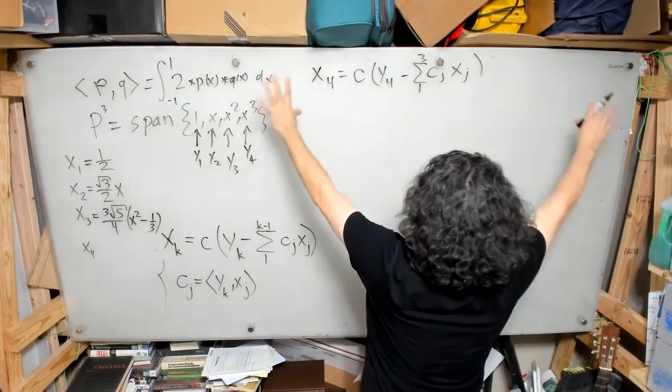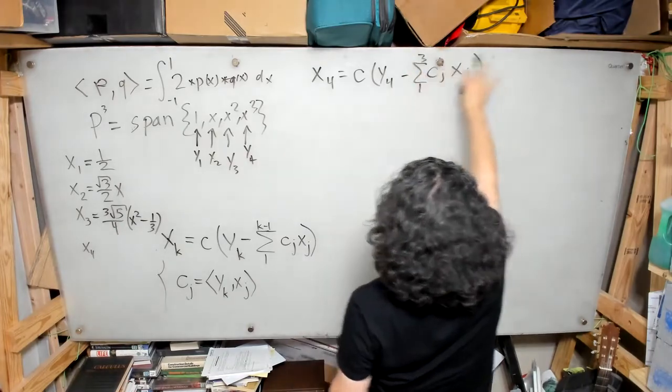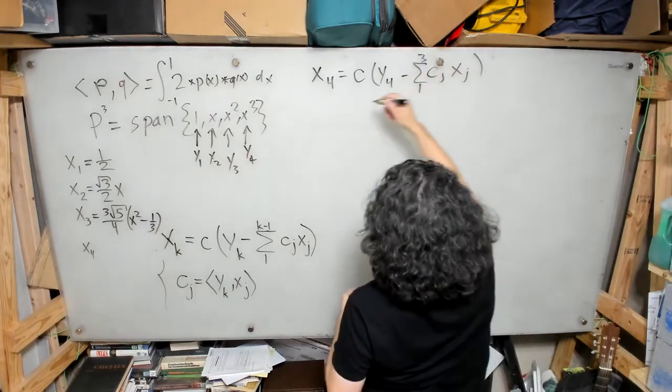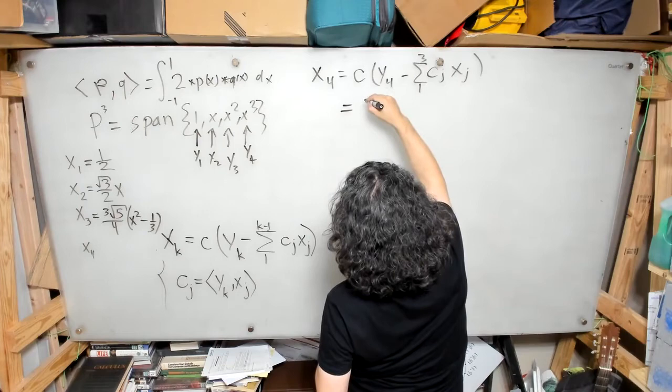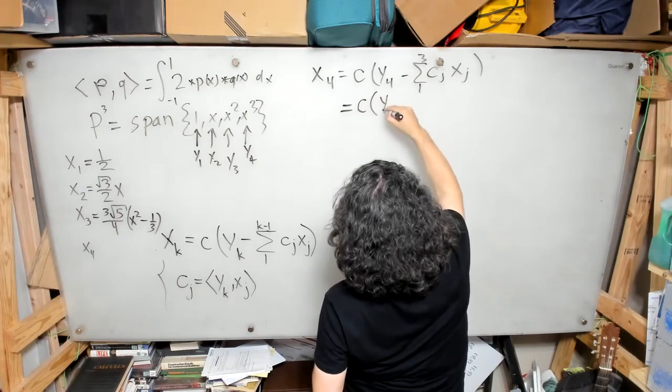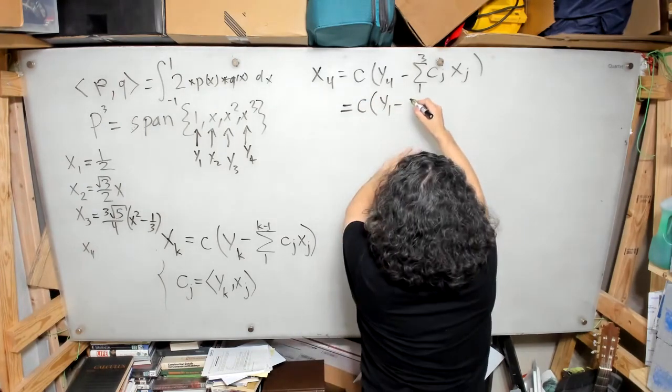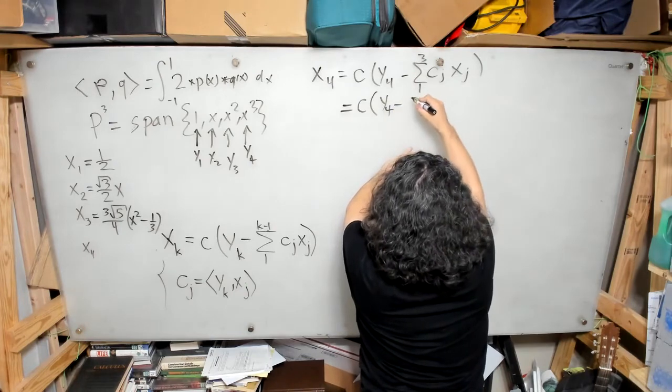Now we're going to expand this, and I'm just going to distribute the negative in this next line to save space. So it'll be the constant times the y4 minus the inner product.